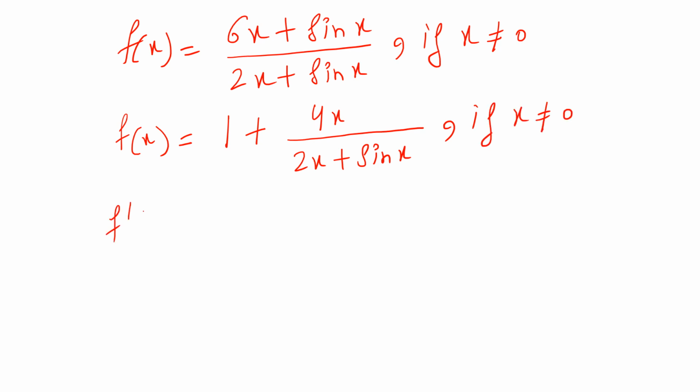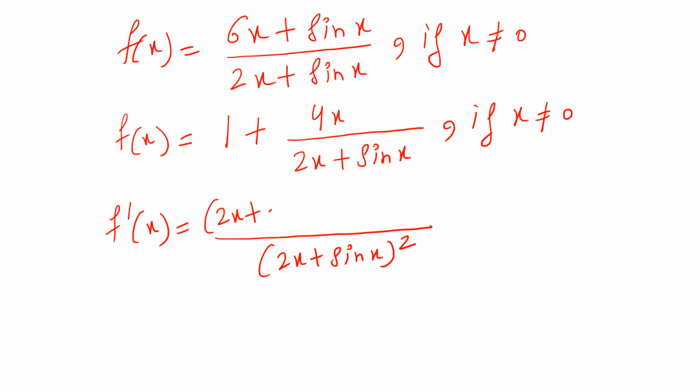Now from here we get f dash x equal to (2x plus sin x) whole square in the denominator and in the numerator we get (2x plus sin x) inside the bracket into 4 outside the bracket minus 4x into inside the bracket 2 plus cos x.